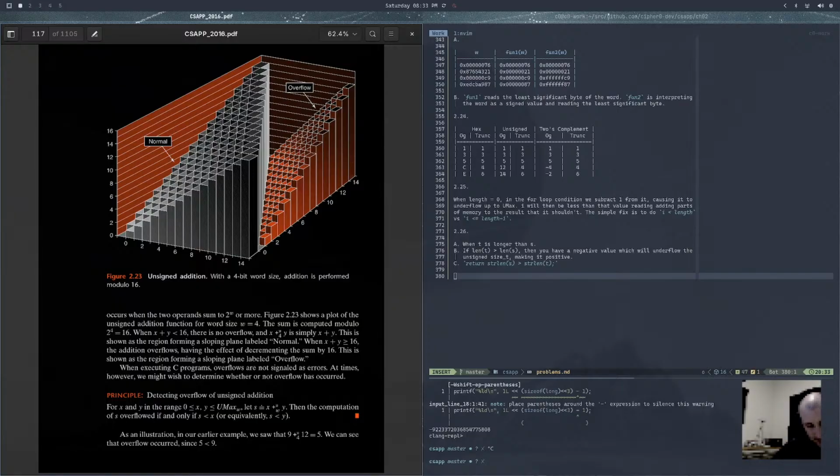When x plus y is less than 16, there is no overflow, and the unsigned addition of 4-bit x and y is simply x plus y. This is shown as a region forming a sloped plane labeled normal. So these are all the values that can fit within that word size. And as soon as you go over, it overflows.